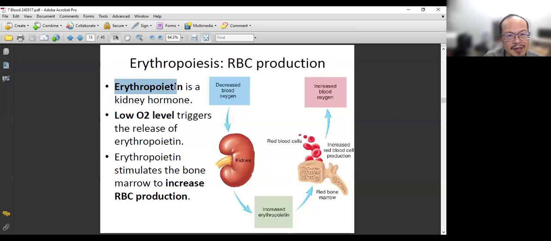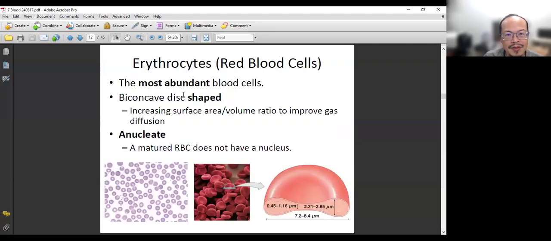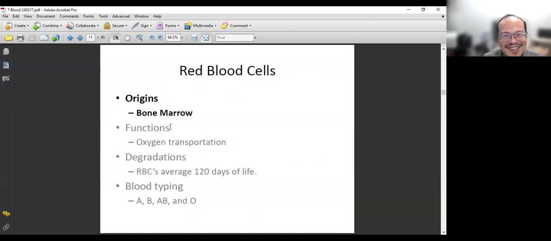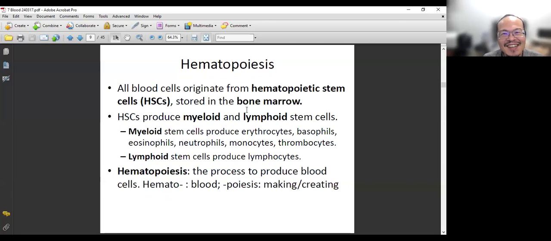Erythropoietin. It comes from the terminology erythropoiesis. Poiesis is like hematopoiesis. I'm like teaching English right now. Hematopoiesis, what is that? Poiesis is creating and making new cells.